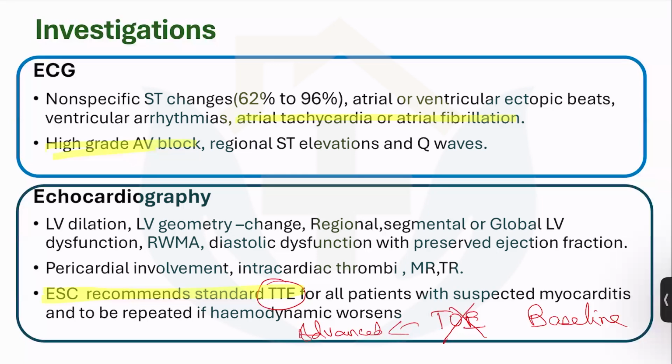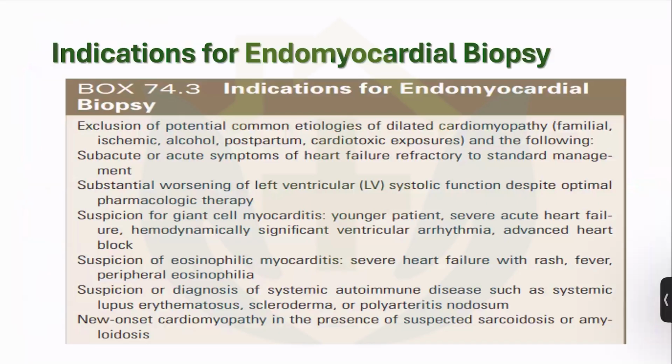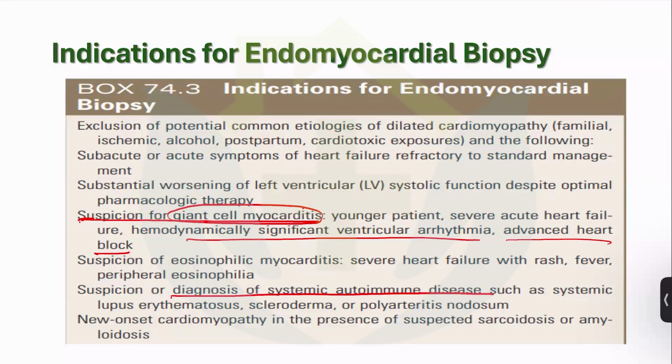So, indications for endomyocardial biopsy for EDIC part one: you don't have to remember all the cases, but if there is suspicion of giant cell myocarditis, which, as I told previously, is a very favorite topic for EDIC part one. If there are hemodynamically significant arrhythmias, if there is advanced heart failure, if there is suspicion or diagnosis of systemic autoimmune diseases like SLE, polyarteritis nodosa, rheumatoid arthritis, mixed connective tissue disease, then you have to do it.